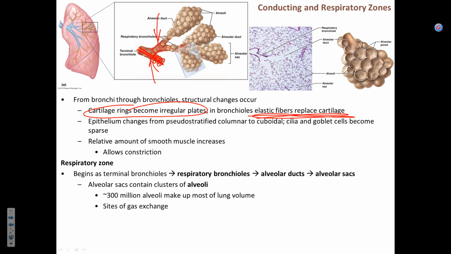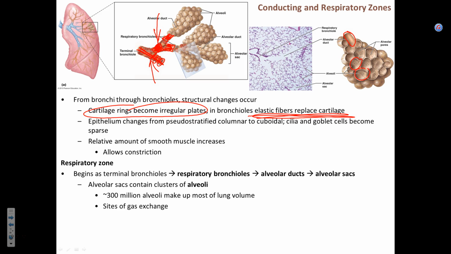The tiny little, basically like a trunk, terminal bronchiole branches into the respiratory bronchioles. And respiratory bronchioles branch farther into the alveolar ducts, which branch into the alveoli. Okay?